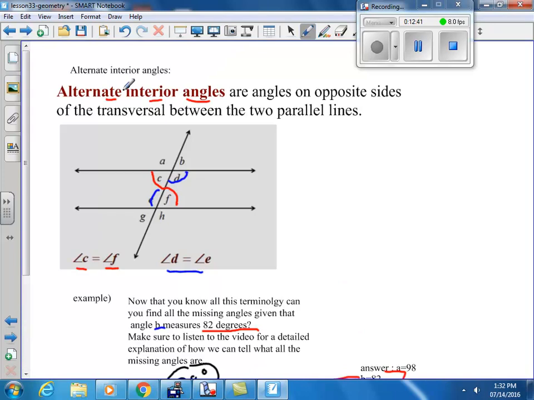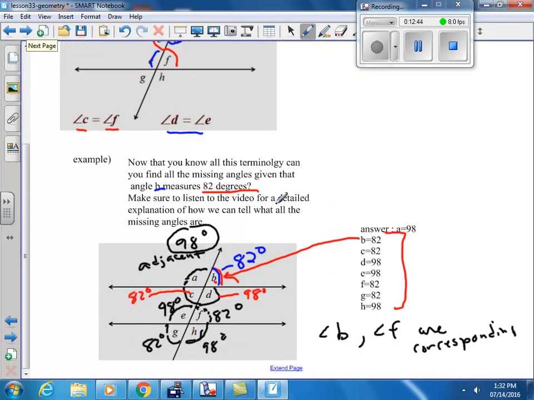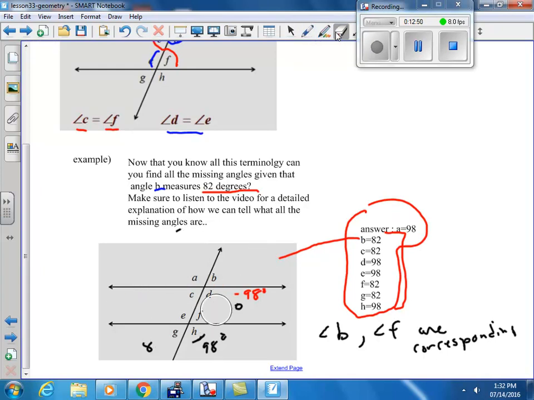Oh, we made it. That was our last slide. So, okay, really just practice naming. I would say the big thing is I want you to practice not so much the numbers and everything, but naming what they're called. So let's just practice a little bit. A and B, what are they called? They're called adjacent. And that means that they're also supplementary.